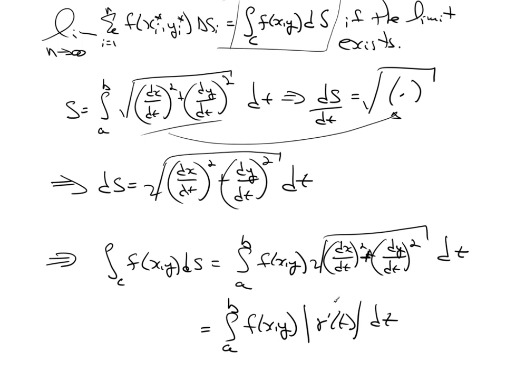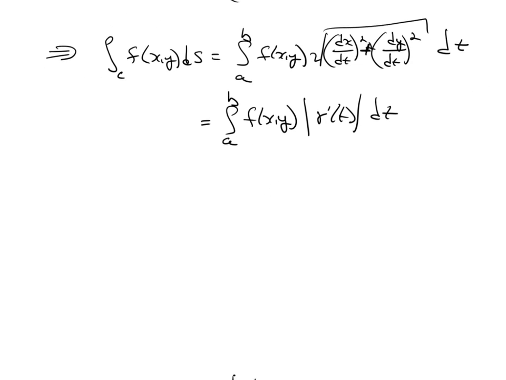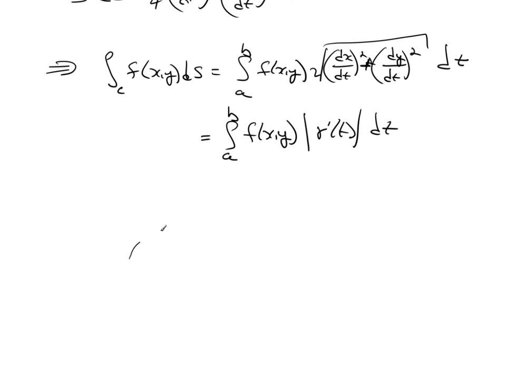Now, it's important to note that there are many different possible parameterizations of any curve on the xy plane. The value of the line integral does not depend on the parameterization, provided the curve is actually traversed only once. So if this is a curve on the xy plane, say from this point to this point, there's more than one parametric function to describe it.